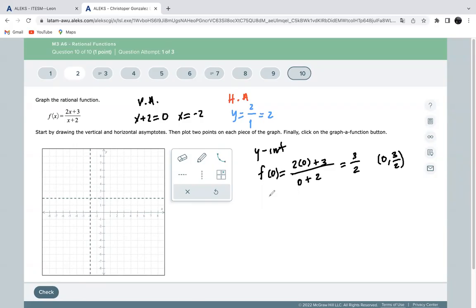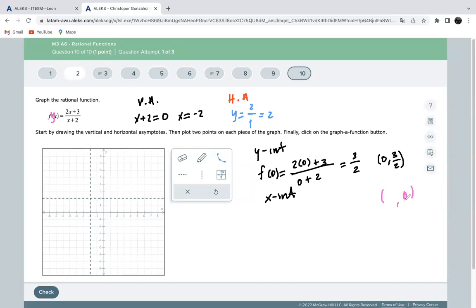And the x-intercept is pretty much the opposite. You're asking yourself, whenever y is 0, what would happen to the x? If you do it all the way through, you're going to notice that it's all about the numerator, because this is basically y equals (2x plus 3) divided by (x plus 2).